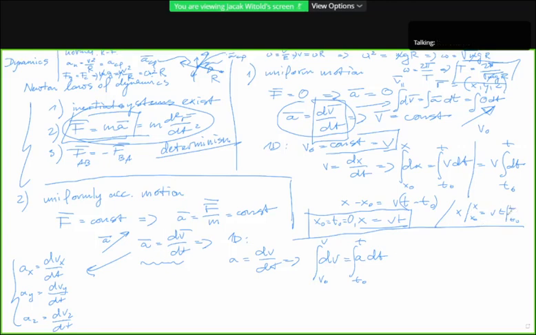How you substitute limits is probably known to you very well from mathematical analysis, where you calculated limited integrations, and then you have x minus x0. You put first the upper limit, then subtract substitution of the bottom limit. So it's x minus x0, and it's v. Same goes with t minus t0.